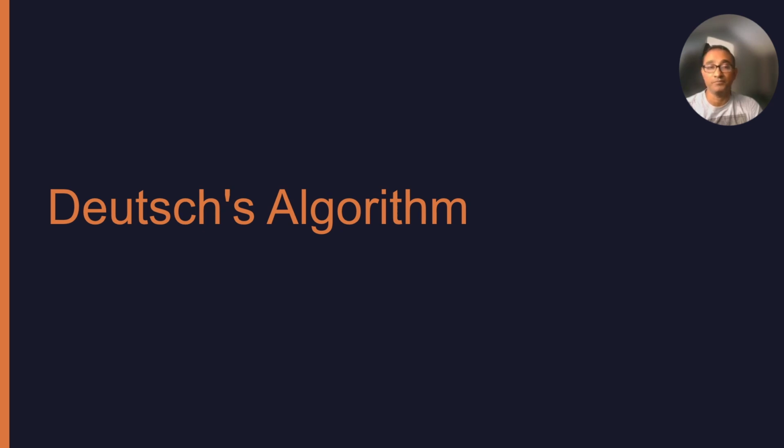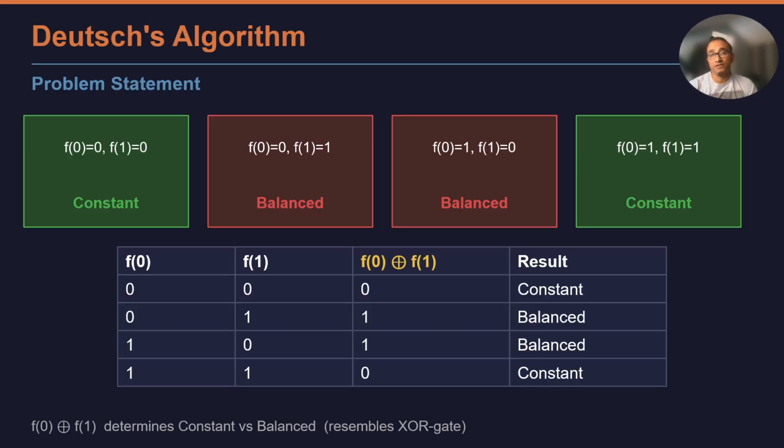So to begin with, let's go back to the problem statement we had. Given two inputs, we were tasked with finding a function f such that, on the basis of the output from those two inputs, we can determine whether that particular function is constant or balanced.